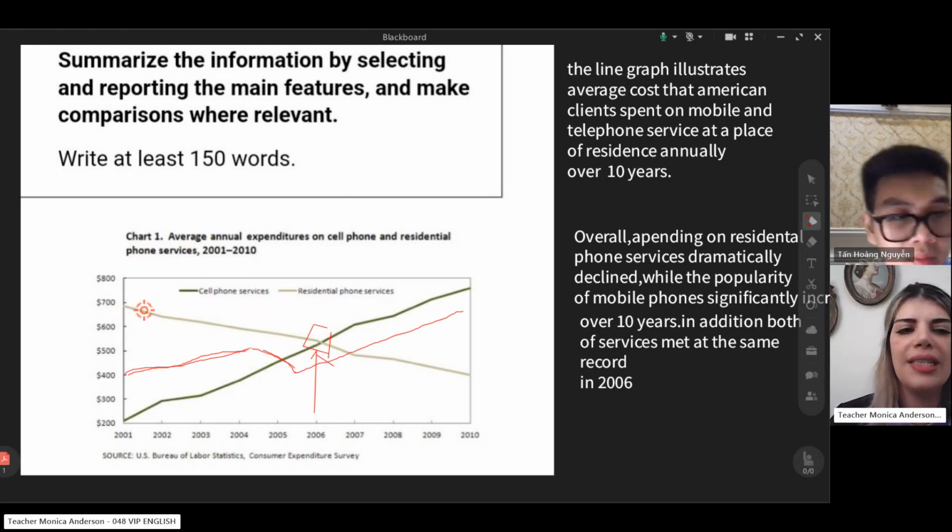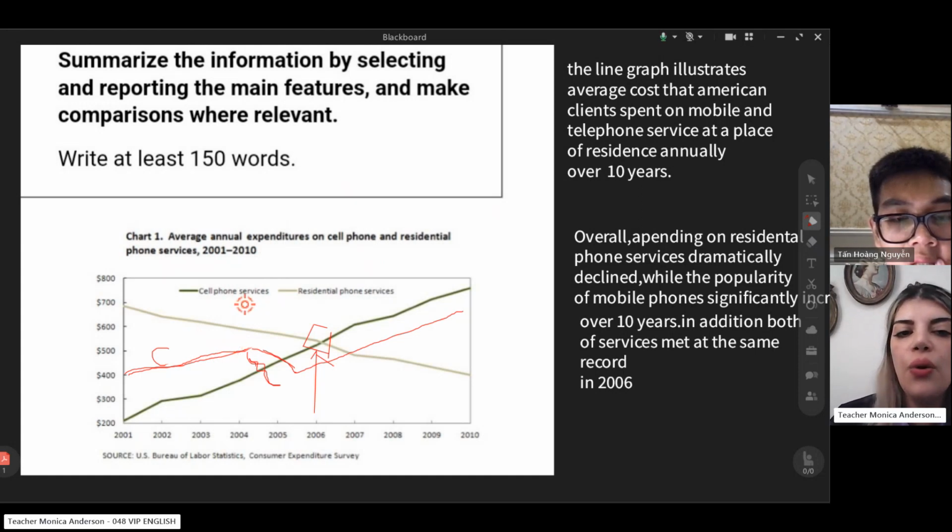And now I'm going to talk about, for example, line C. And as you can see, we have a significant or sharp decrease or change within 2004 and 2005 that we need to mention.